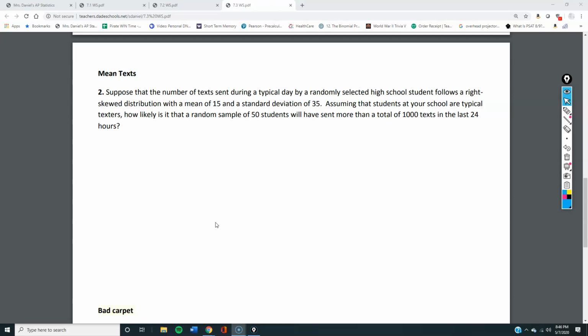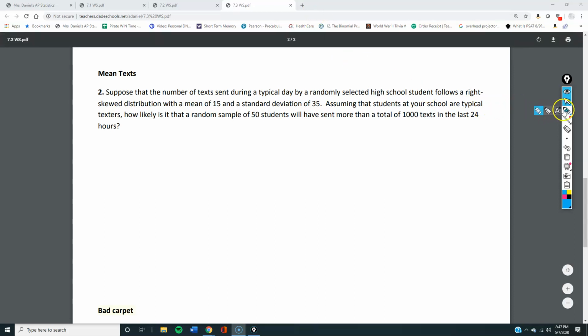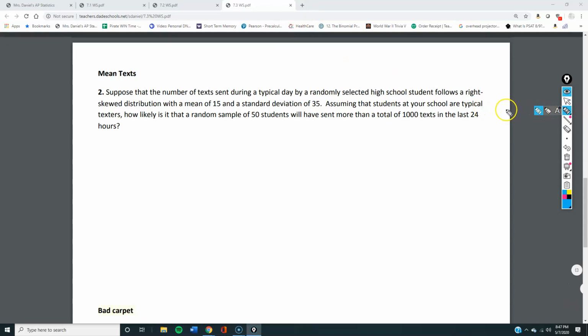All right. So again, we're looking at means of distributions, not proportions this time. Suppose that the number of texts sent during a typical day by a random person is as given. How likely is it that 50 random students will have sent more than 1,000 texts in the last 24 hours? First thing I need to ask myself is, are conditions met? Is it independent? Does 10% pass?